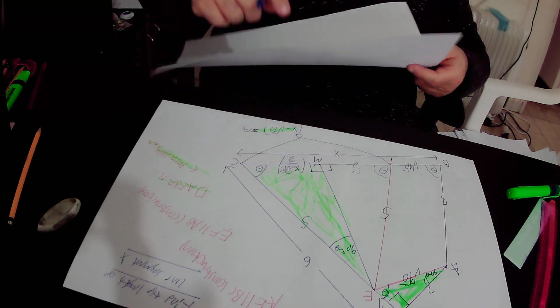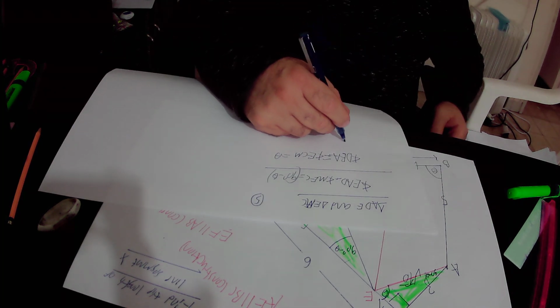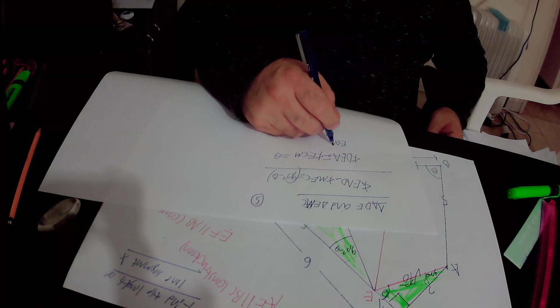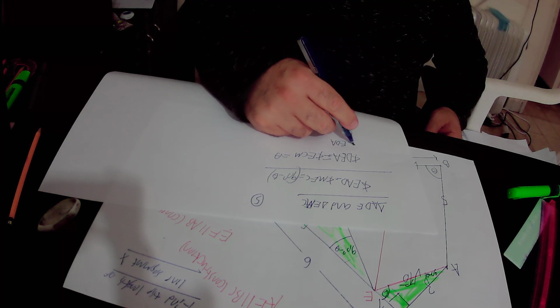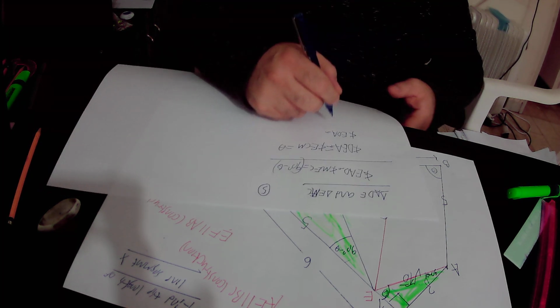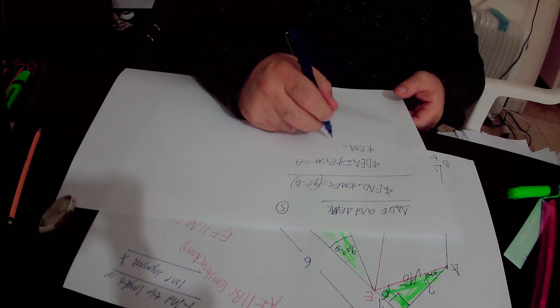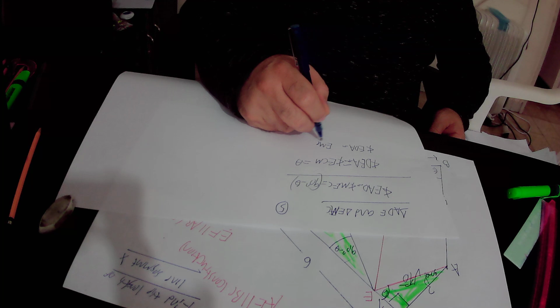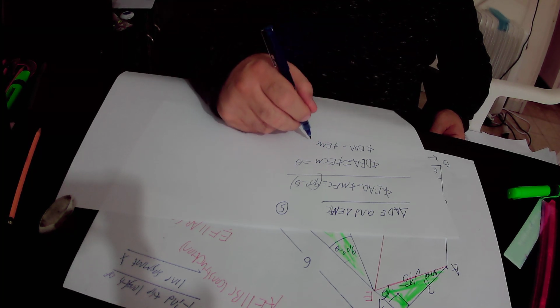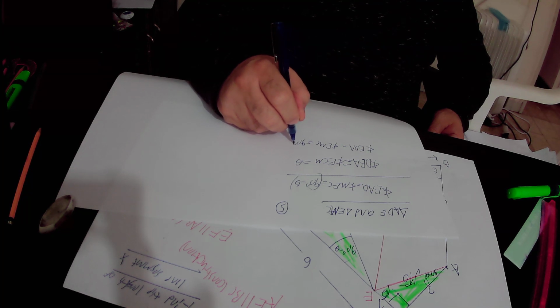So angle EDA equals angle EMC, and both angles are equal to 90 degrees.